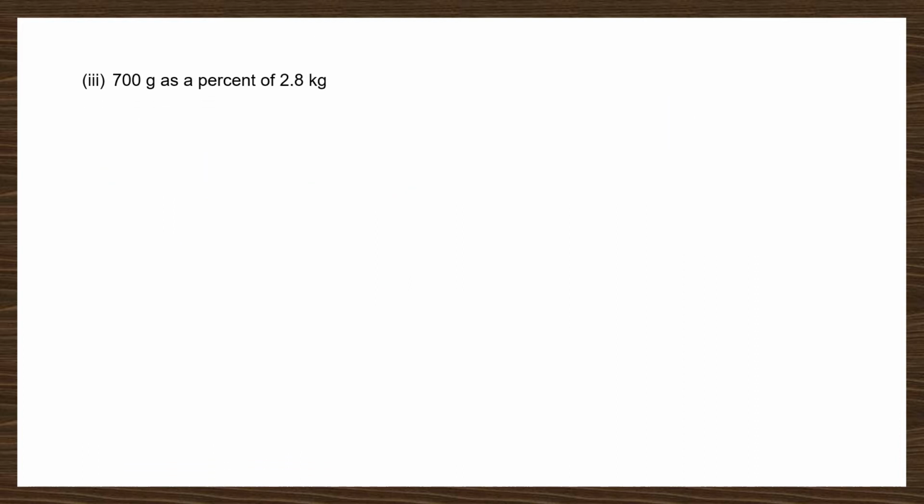Question 3. 700 grams as a percent of 2.8 kilograms. So again we have different units. Let's convert kilograms to grams. It's always easier to convert the bigger unit to the smaller unit. 1 kilogram has 1000 grams.